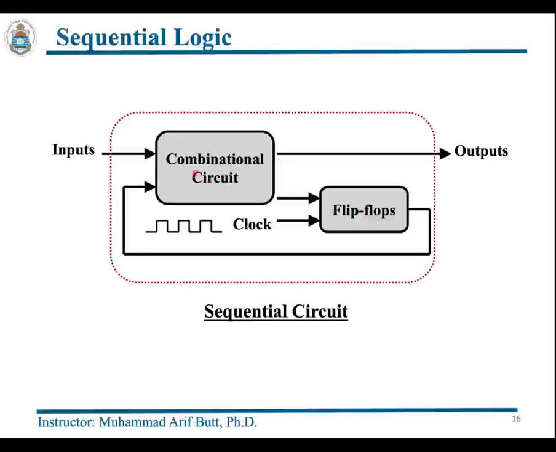This combinational circuit output goes to another block over here, and this is again a circuit which depends on the current input as well as the previously stored output in the flip-flop.